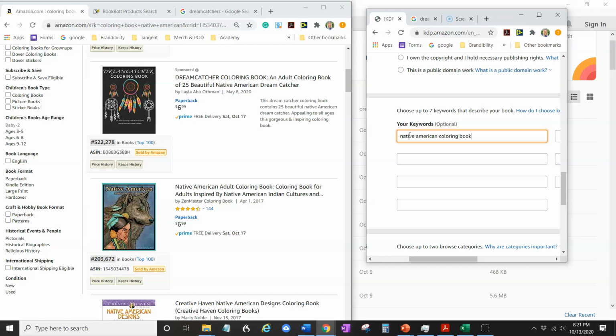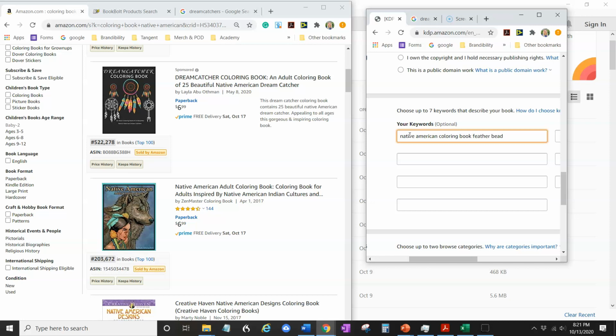Now, I try and fill up every single space I can. This takes up quite a bit of space, but let's see what else we can fit on here. We found feather, we found beads, and you don't have to put an S, okay? Save space. You'd never need an S. So bead is the same thing as beads as far as Amazon is concerned.